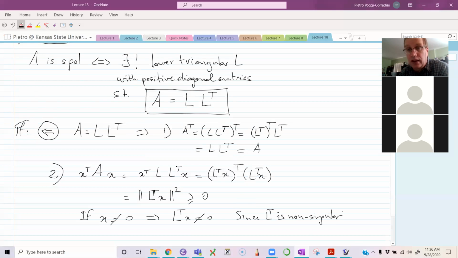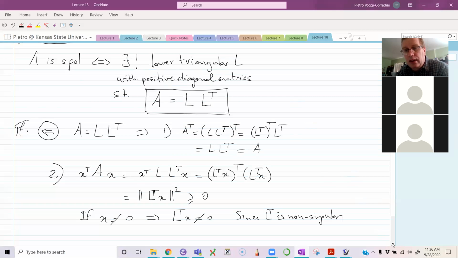How do you see that it's non-singular? Any thoughts? Well, because L has positive diagonal entries, right?